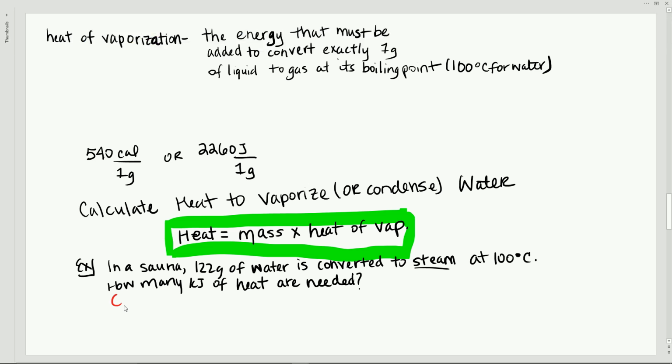So we're given 122 grams, which is our mass, and we also know the heat of vaporization for water is 2,260 joules per 1 gram.